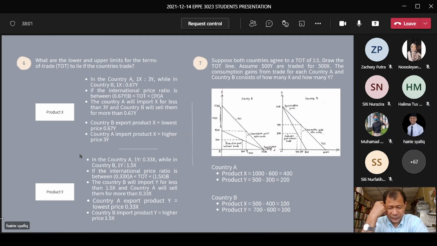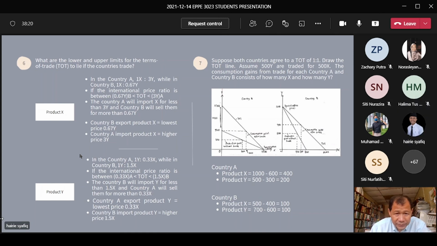Country A, please wait a minute. According to the graph that you're drawing, the MRT for country A is too small for me to be looking at. The MRT is actually the opportunity cost.